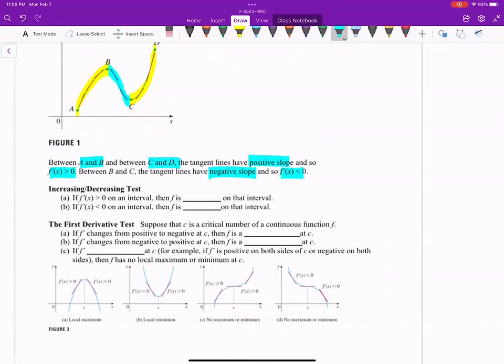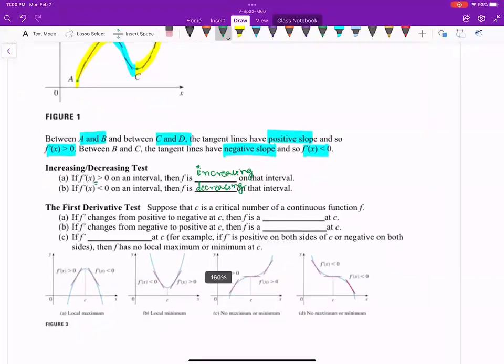If f prime x is more than 0 on an interval, then f is an increasing function on that interval. So the derivative determines the nature of the function. If f prime x is less than 0 on an interval, then f is decreasing on that interval. This is known as the increasing, decreasing test.